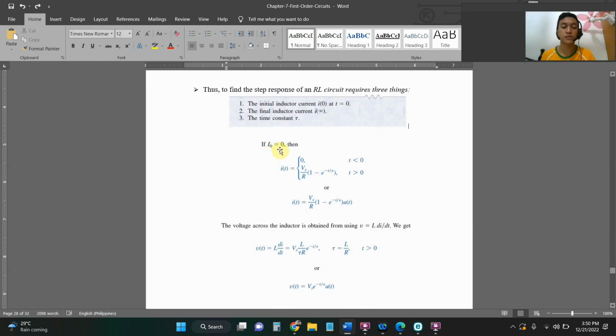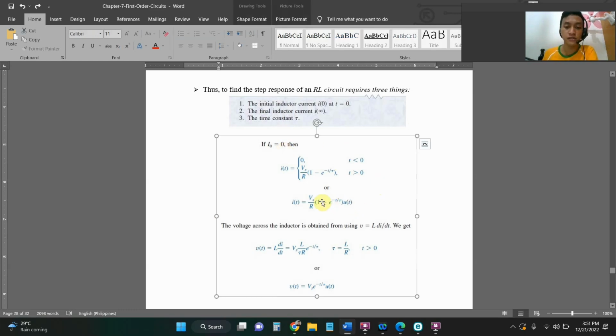If I0 is equal to 0, then if time is less than 0, i is 0. If time is greater than 0, then i equals Vs/R multiplied by (1 minus e^(-t/tau)). So we can get this formula.